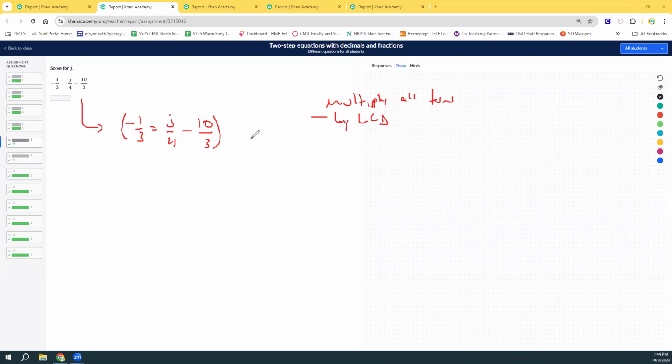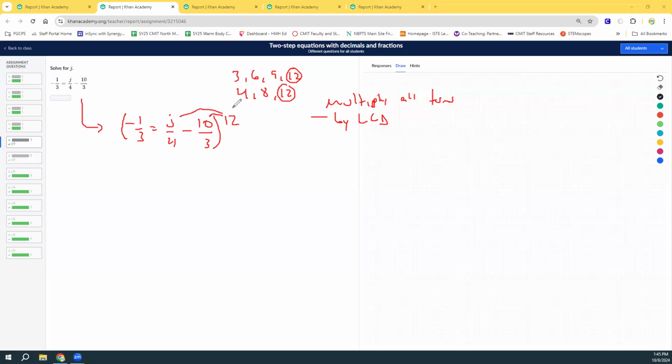What is the least common denominator of 3 and 4? The least common multiple? That would be 12, because 3, 6, 9, 12, and 4, 8, 12. 12 is the first multiple in both lists. So we're going to multiply by that number. It's going to make our life easier.